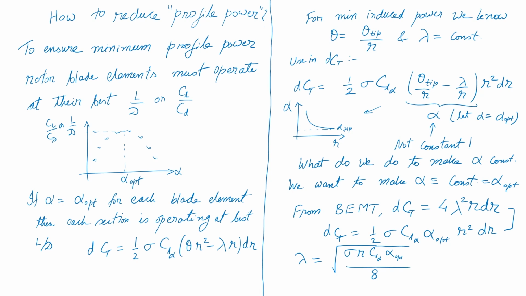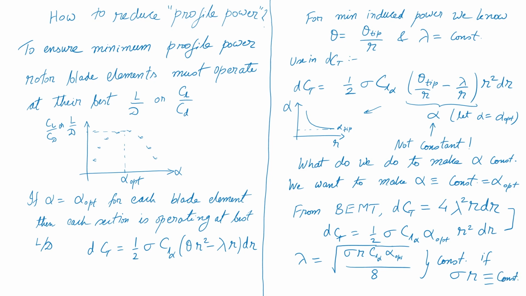Now, this expression says that if I want alpha optimal to be constant, this sigma into r should also be a constant, because if that is not constant, then my lambda will vary.